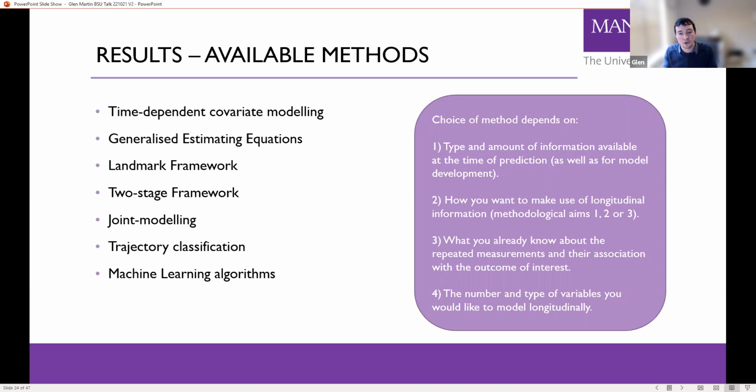And fourthly, the number and type of variables that you'd want to model longitudinally. Just to give an example of that last point, if you're fitting a joint model, for instance, which is really computationally intensive, if you've got lots of predictor variables that you want to model longitudinally, that approach might be less appealing from a computational point of view than some of the simpler alternatives.